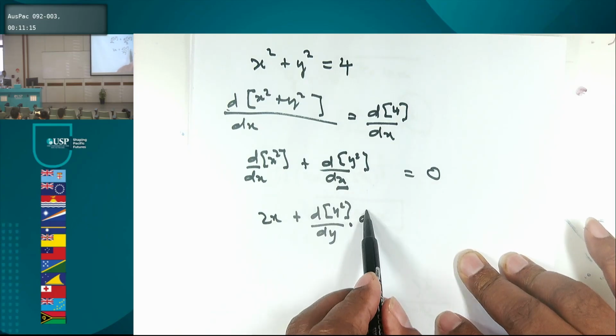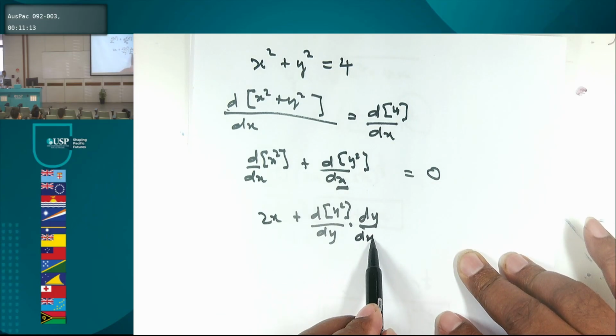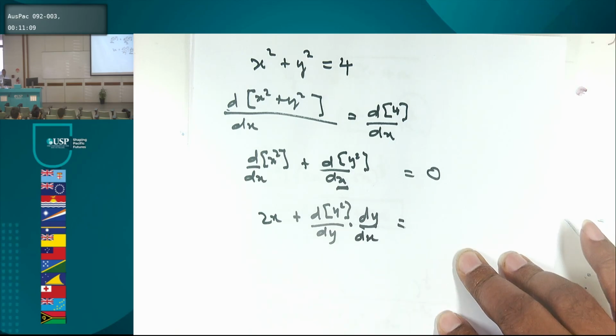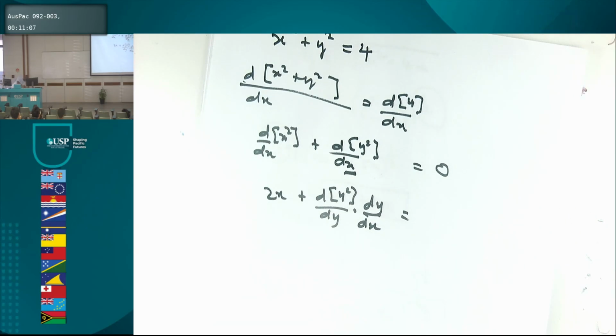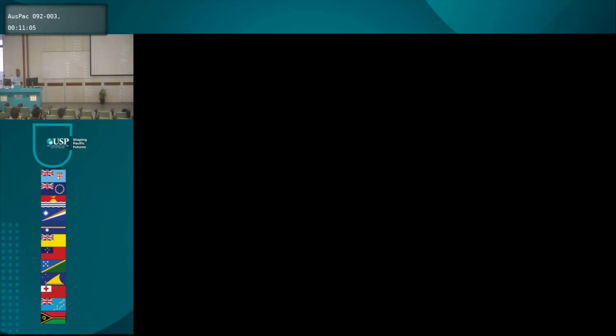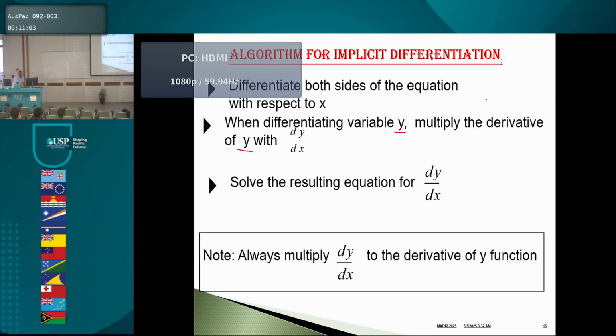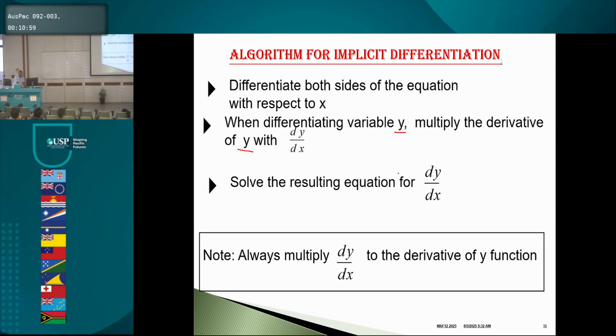So what I will do, I'll multiply this by dy over dx. Whenever you differentiate y, you multiply by dy over dx. Always multiply by dy over dx whenever you differentiate y.